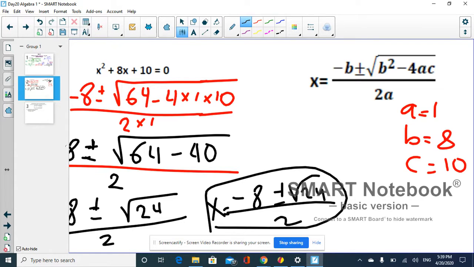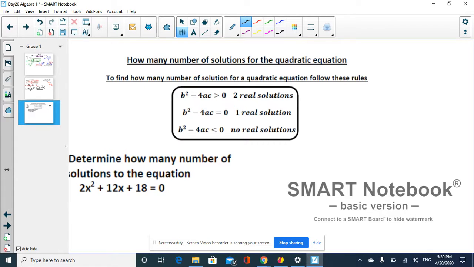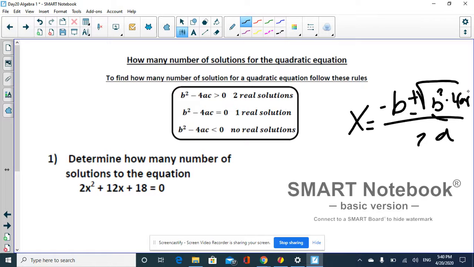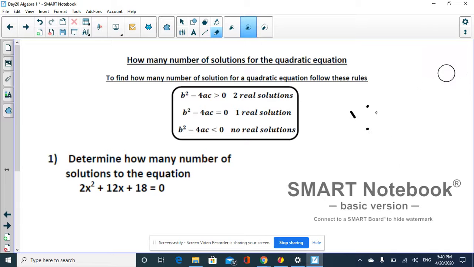In this formula, we have x equals negative b plus or minus the square root of b squared minus 4ac over 2a. What's under the square root? This is the discriminant. If it's positive, that means we have two solutions.